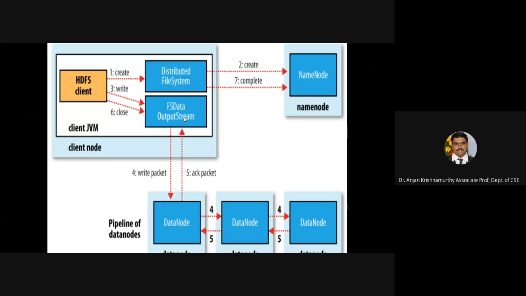Once this data output stream is given, the HDFS client starts the write operation. Once the write is initiated with this object, a write packet keeps coming to the nodes. This write packet gets populated through a pipeline of data nodes, where blocks are allocated for it to do the write operation.